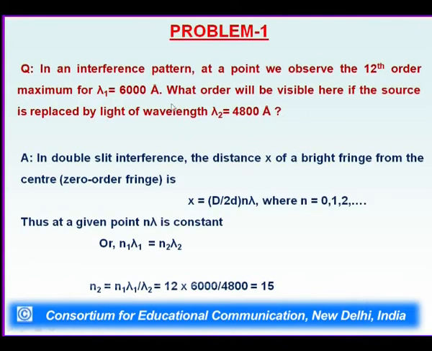At what order can we get this? Then lambda 1 by lambda 2, we put 6000 divided by 4800. It means if the light source changes, then the fringe order will change. Now we get n2 is equal to 15. It means the 15th order is visible if the source of light is 4800 angstrom.